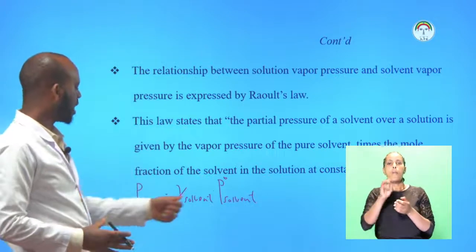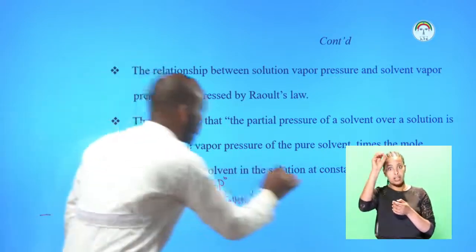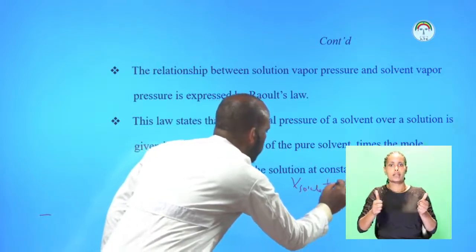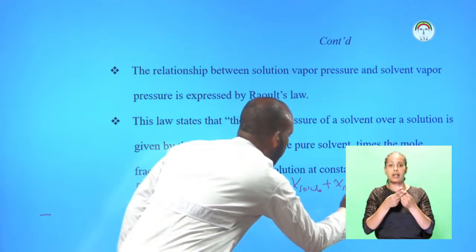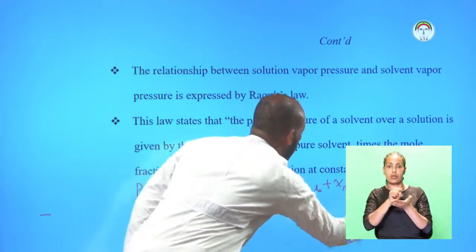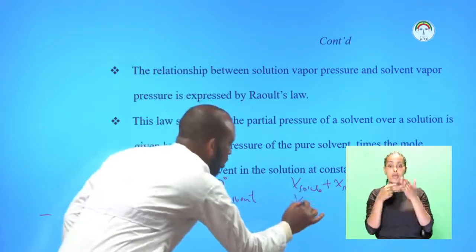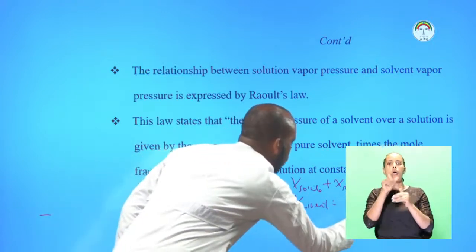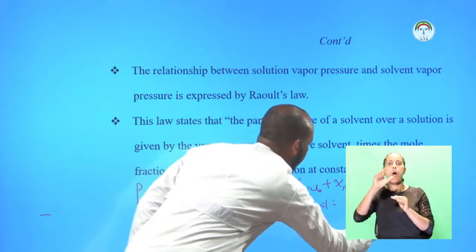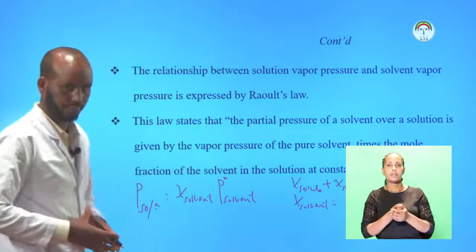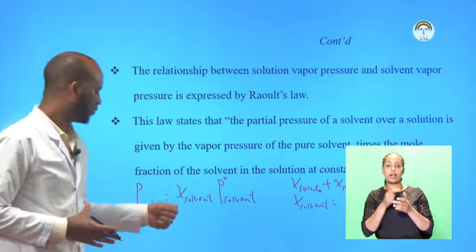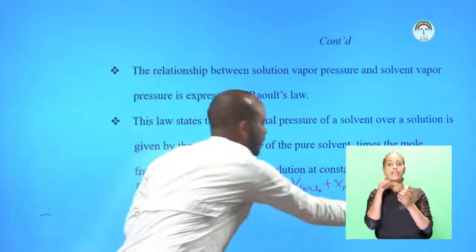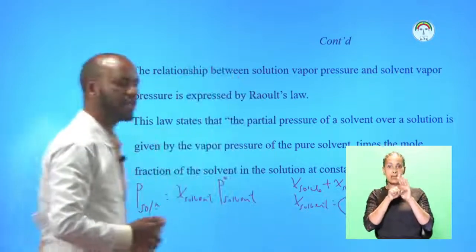Mole fractions add up to give 1. Therefore, mole fraction of the solute plus mole fraction of the solvent equals 1. From this, mole fraction of the solvent equals 1 minus mole fraction of the solute. In place of the mole fraction of the solvent, we can use 1 minus mole fraction of the solute.